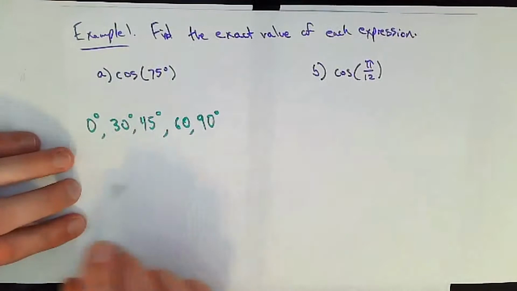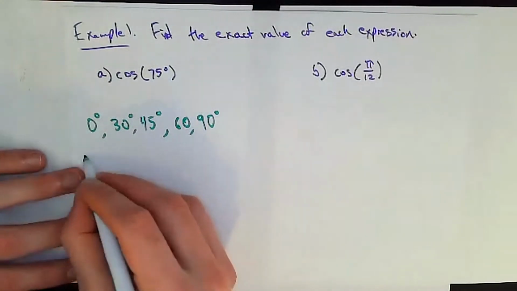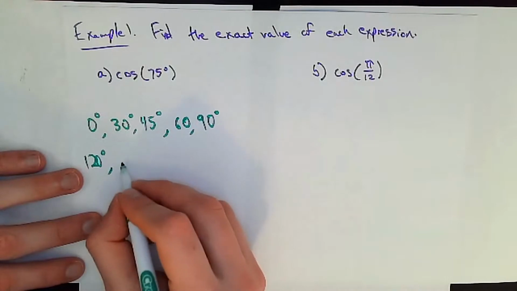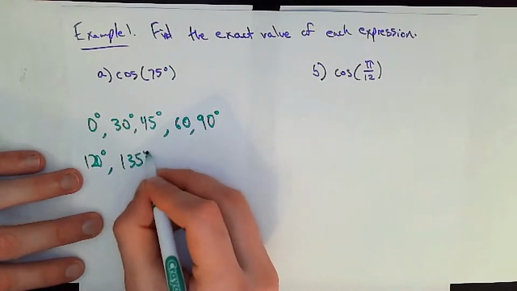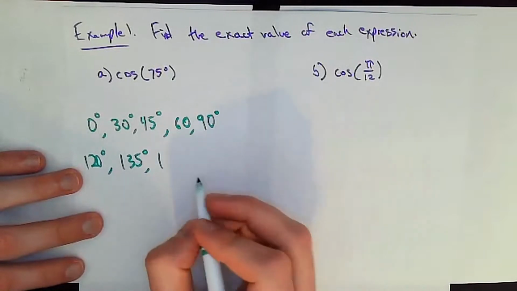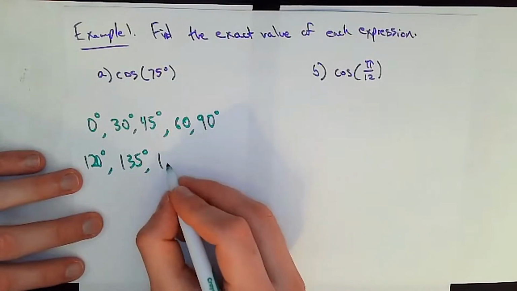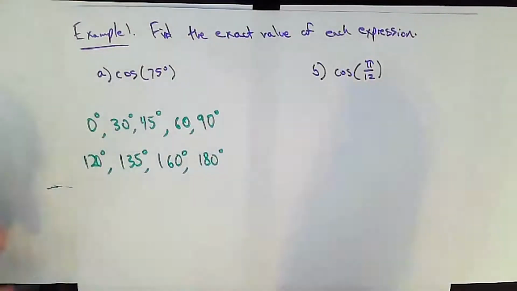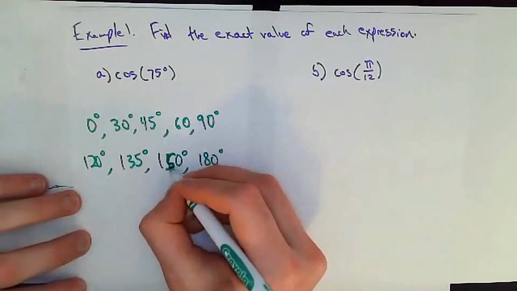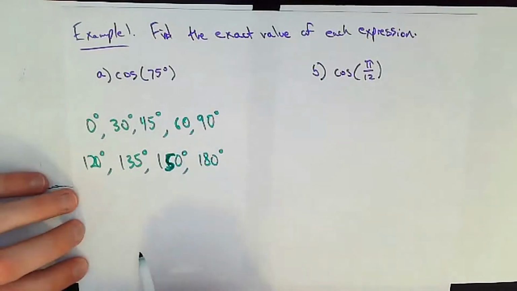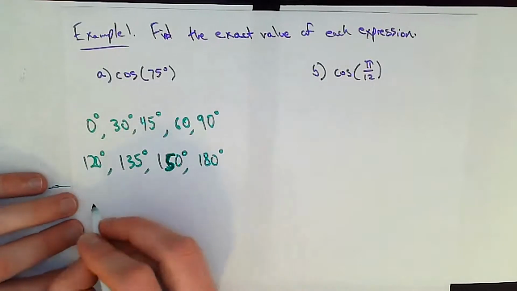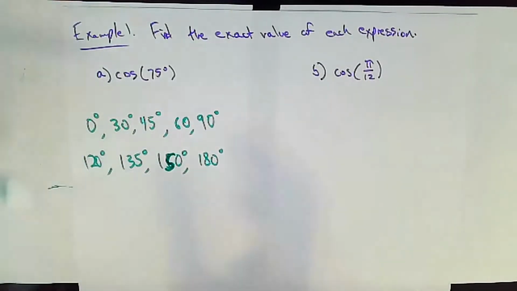That's what they are in the first quadrant, and then other versions of these. 120 and 135 in the second quadrant, and then 150, 180. And then in the third quadrant, et cetera. Do I need to list all of them? No, I don't need to list all of them. All right.